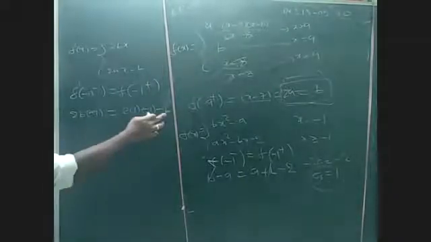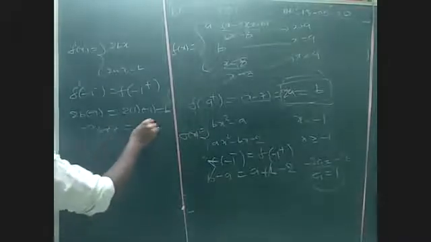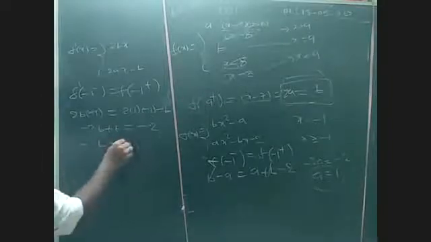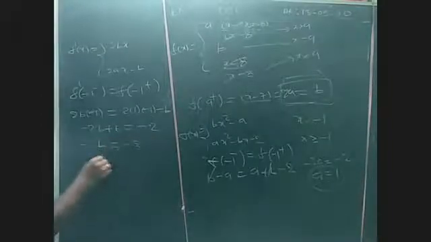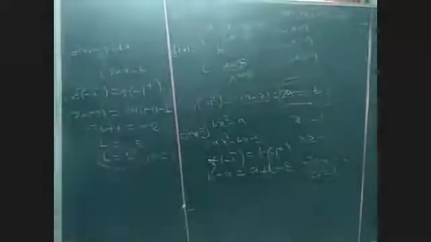So finally, what is the b value? Minus b we can take to the left side. So minus 2b plus b is equal to minus 2, so minus b is equal to minus 2. So b is equal to 2. Yes, a is equal to 1 and b is equal to 2.